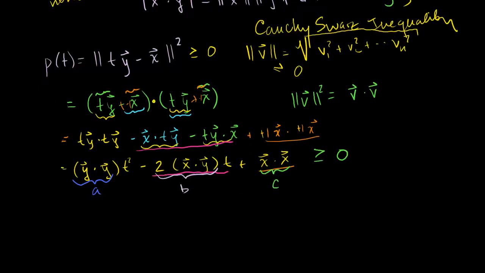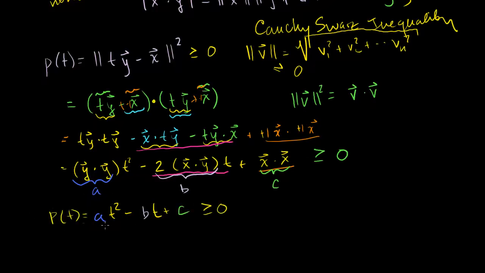So then what does our expression become? It becomes a times t squared minus, I want to be careful with the colors, b times t plus c. And of course, we know that it's going to be greater than or equal to 0. It's the same thing as this up here, greater than or equal to 0. I could write p of t here, p of t.